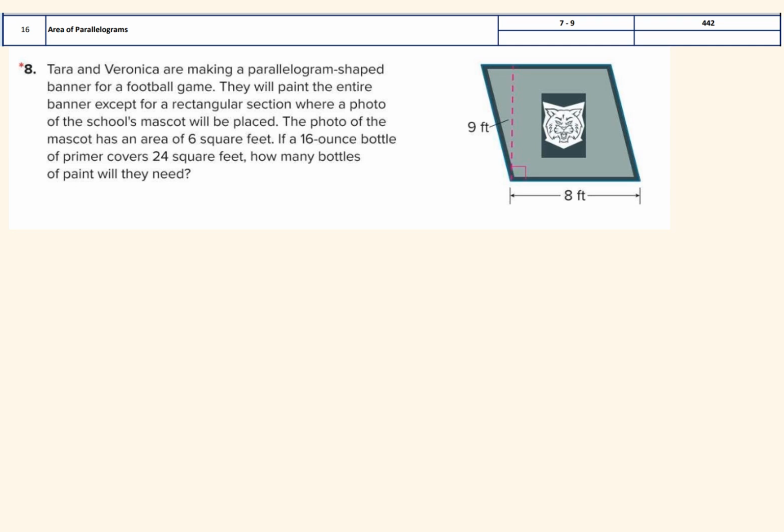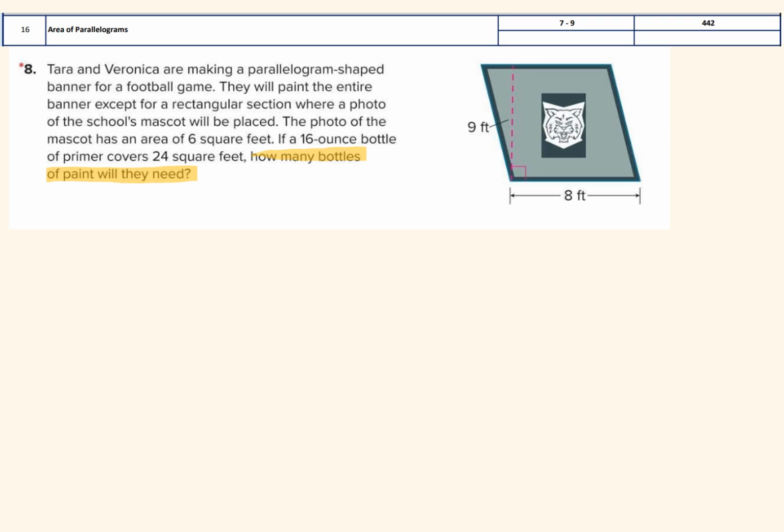If a 16-ounce bottle of primer covers 24 square feet, how many bottles of paint will they need? So in this question, mainly we need to find the number of bottles we need to cover the banner.